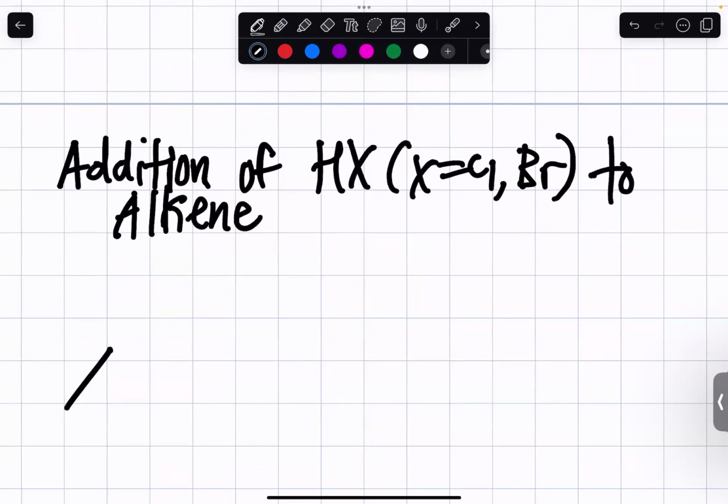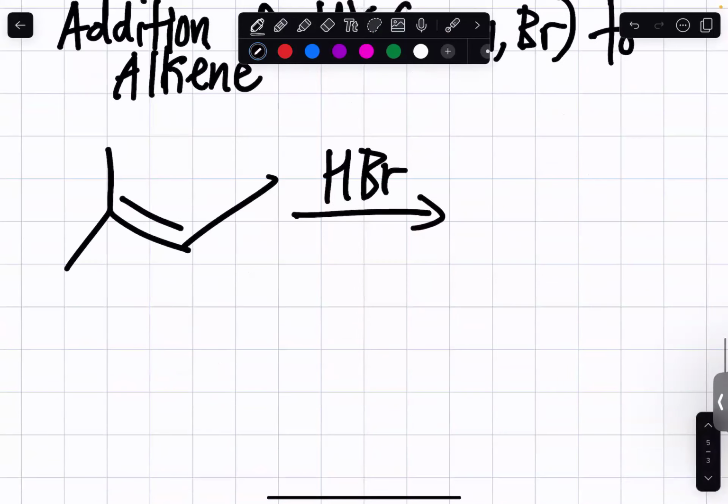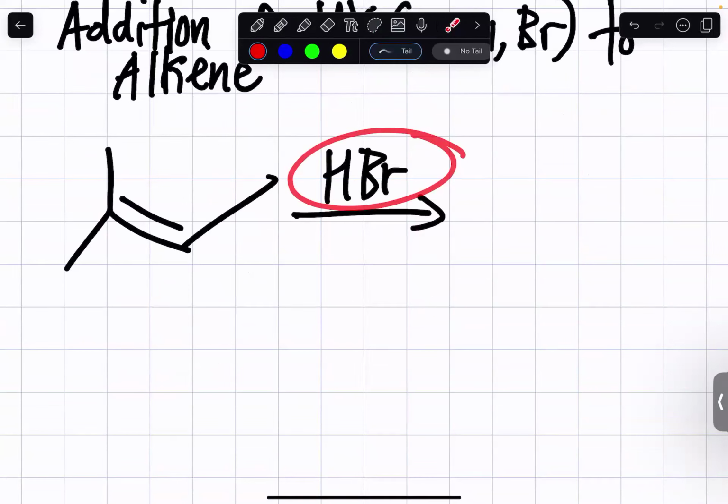So an example here, HBr. We know HBr is a strong acid, so think of the alkene as a strong base. But there are two carbons of the alkene here, so we have to decide which carbon is going to grab the hydrogen.